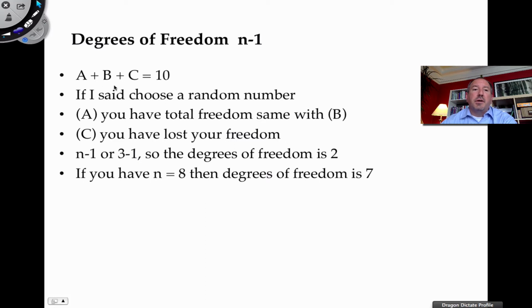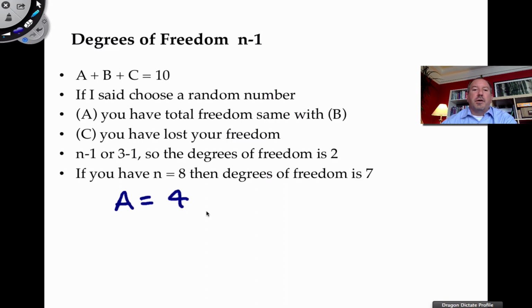Let me explain this. If you look at this function right here, a plus b plus c equals 10. Now, let me assign some numerical values to this. I'm just making this up. If I say a is, and again, I could say anything. I could say it's 100, or it's 50, or it's 4.